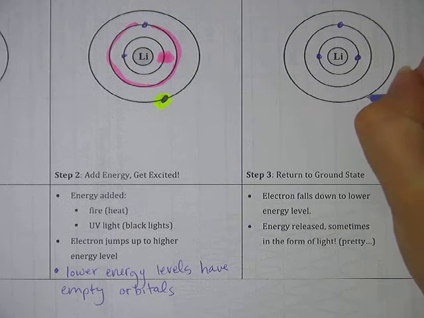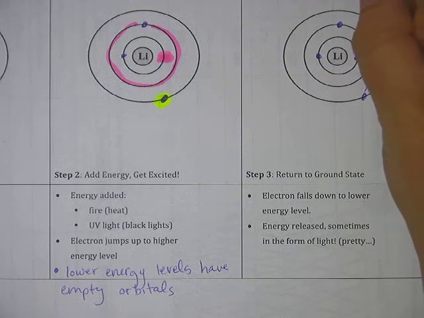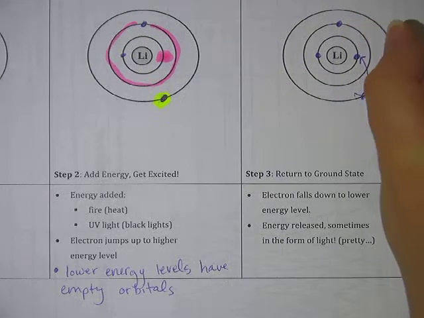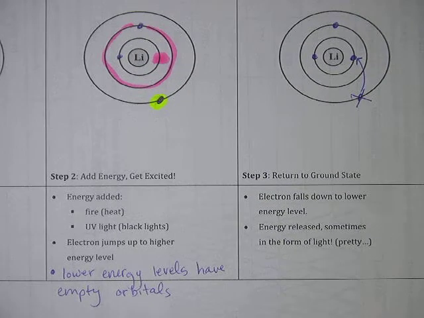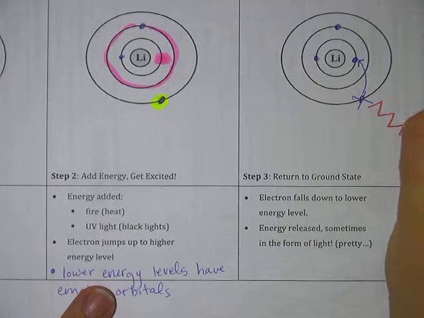So he started out here with too much energy, and he jumped back down to where he started, so he's not here anymore. But when that electron did that, it released energy in the form of light.